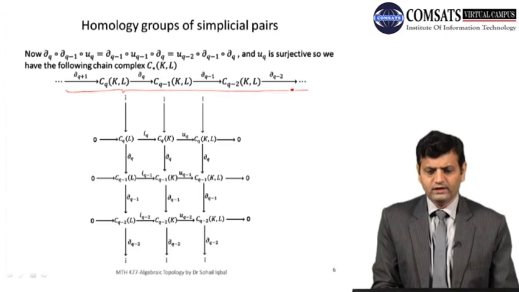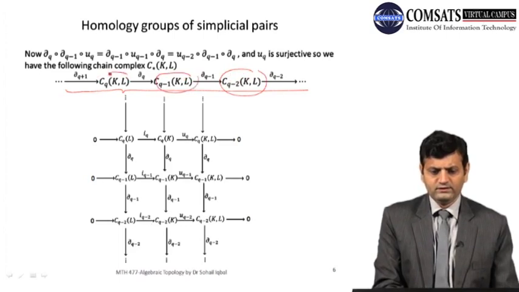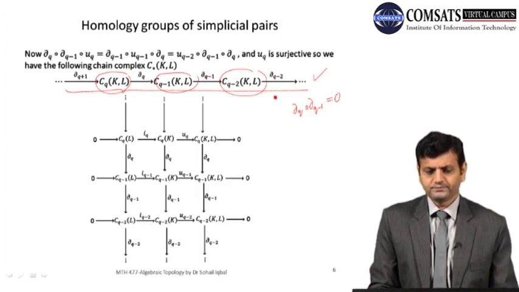We have these quotient groups and maps between them, which we just proved are homomorphisms. Now we want to show that this is in fact a chain complex. In other words, we want to show that partial q composed with partial q minus 1 is equal to 0 for all the boundary maps in this complex.